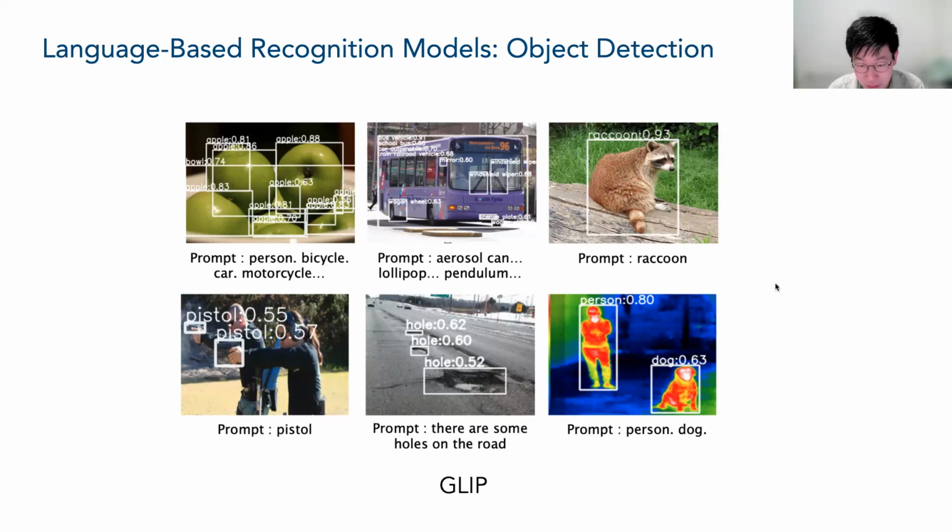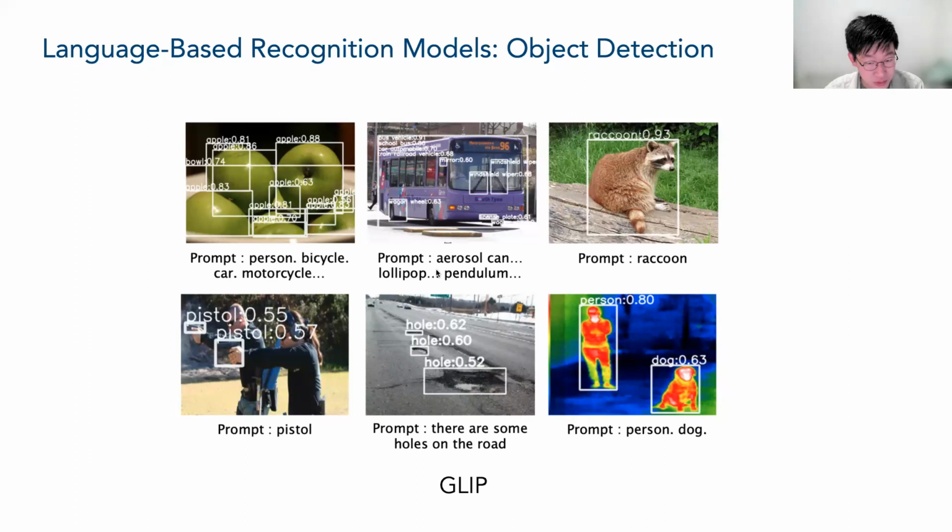This is one of our prior works called GLIP, which does it for object detection. Originally, you have to train an object detector on a fixed vocabulary dataset. But after converting it into a prompt-based detection task, you can just write what you want to detect. You can do the classical COCO detection by writing all the 80 classes into a prompt, and the model will try to find what's in the picture.